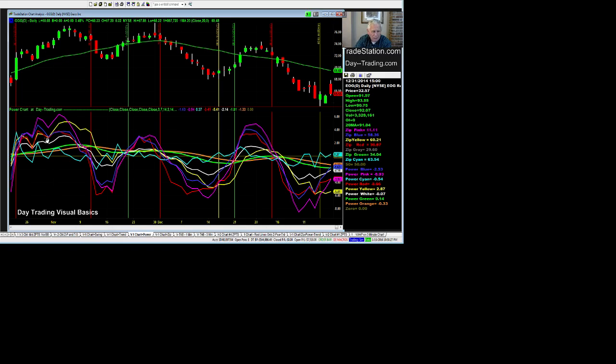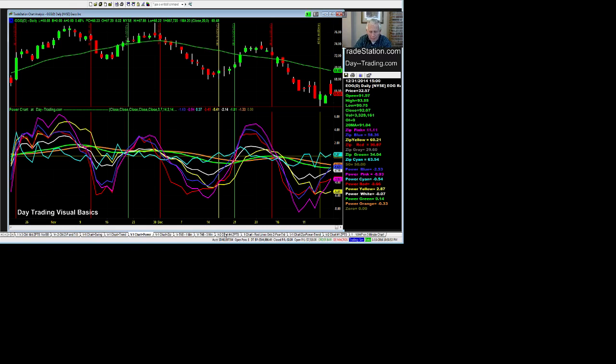Now, obviously it doesn't cross all the time, but this yellow line shows you the first green candle after about a dozen red ones, which makes this very interesting. Again, over here, this is the first day that the red line has crossed over the yellow line, and you have the first green candle of an uptrend.